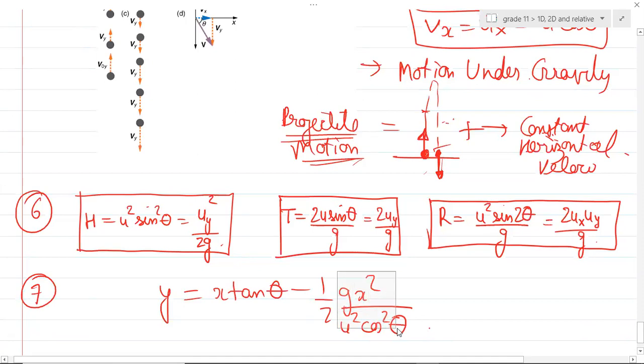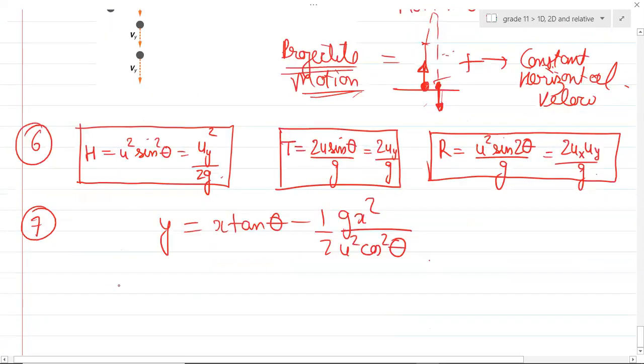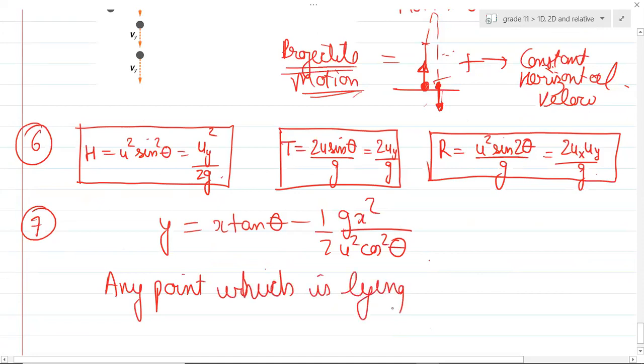This is your equation of trajectory. Very important formula out of all. Where will we use this formula? Any point lying on the trajectory will satisfy its equation. This is a maths concept, by the way.